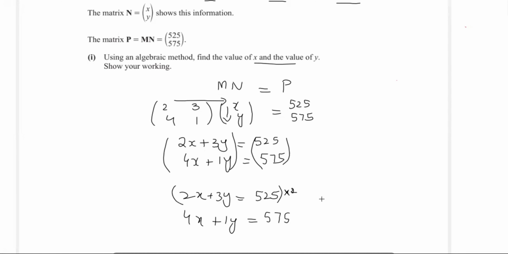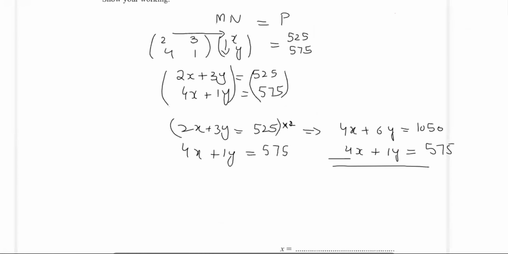When we multiply by 2, we get 4x plus 6y, and 525 multiplied by 2 is 1050. And the second equation, you see here, is 4x plus 1y equal to 575.